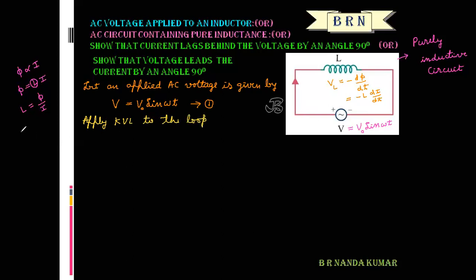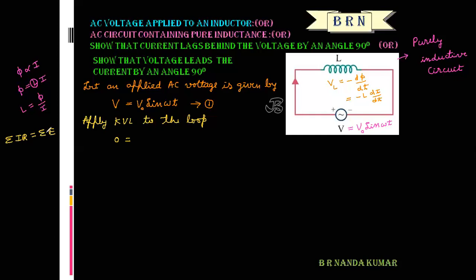According to Kirchhoff's voltage law, in a mesh of an electrical network, the algebraic sum of the product of current and resistance in different parts of the mesh is equal to the algebraic sum of EMF in that mesh. Actually, this circuit doesn't have any resistance. That means the LHS part is equal to 0.